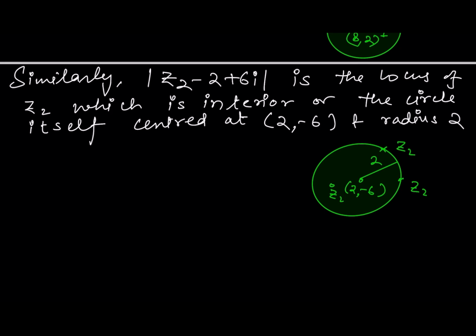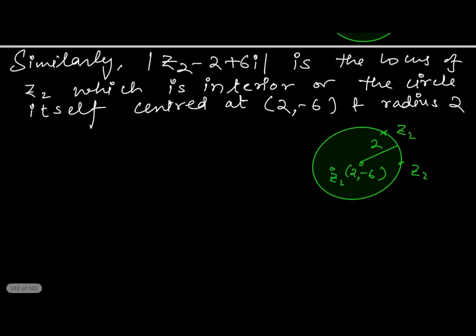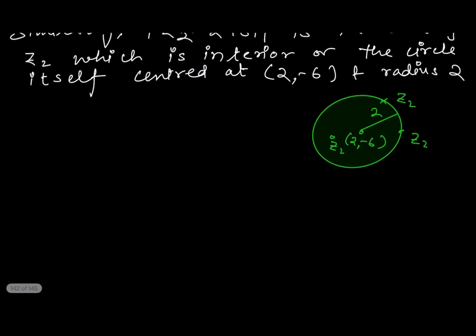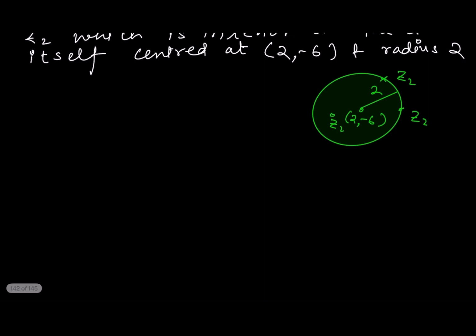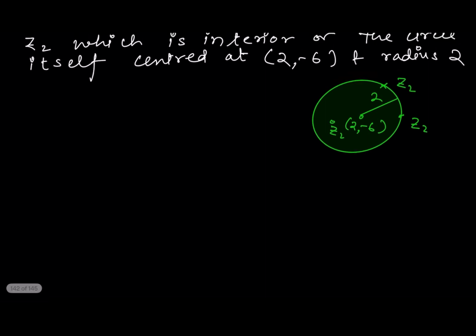Now in the question we need the minimum distance between Z1 and Z2. Let us understand how we can find the minimum distance between Z1 and Z2 by a figure. Okay, so let us draw the figure.